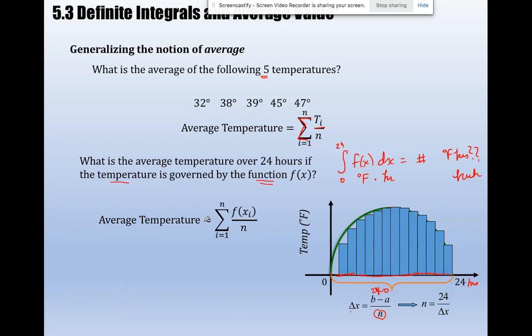The average temperature is approximately the sum of all the individual function heights divided by n, right?